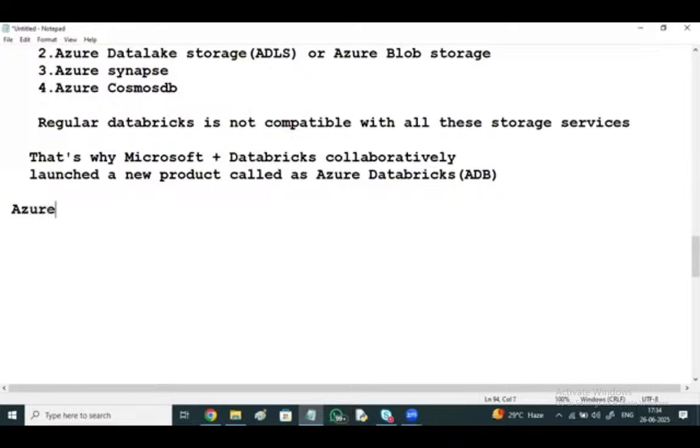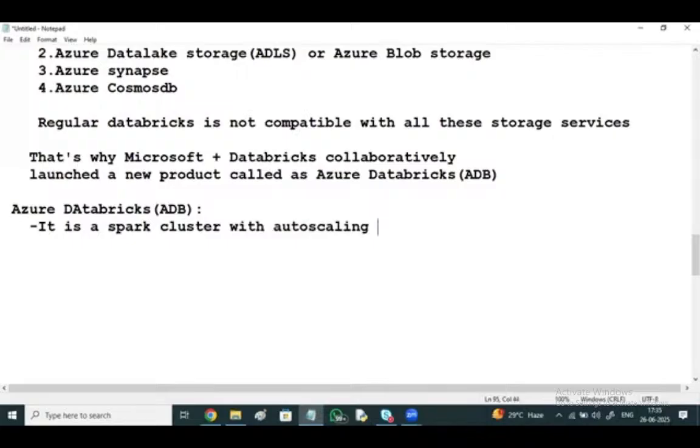What is this Azure Databricks? It is a Spark cluster with auto scaling feature, and compatible with all the Azure data storages.